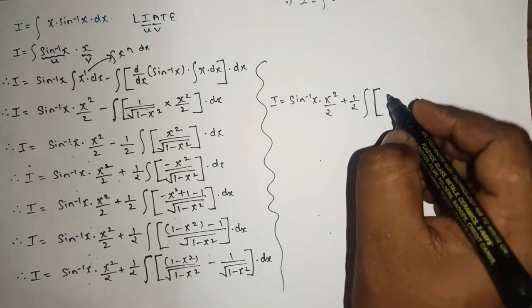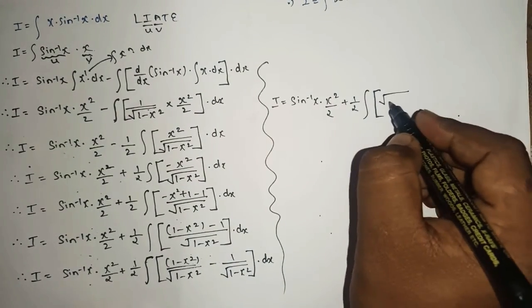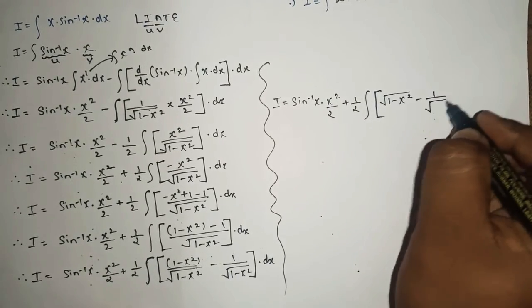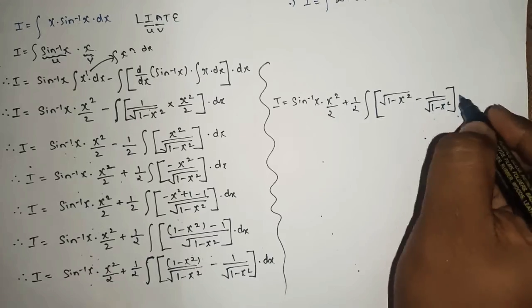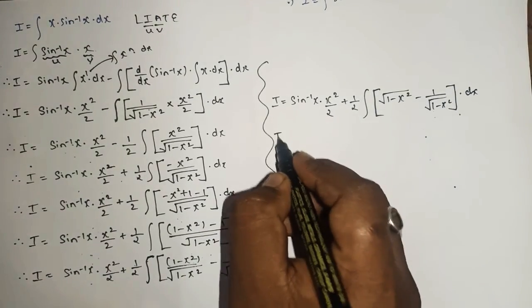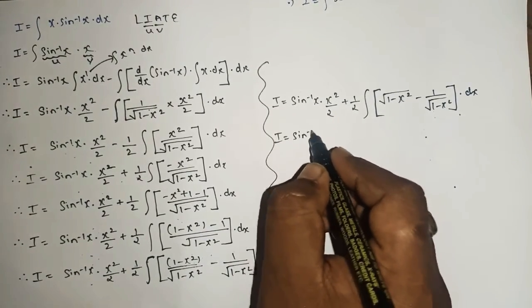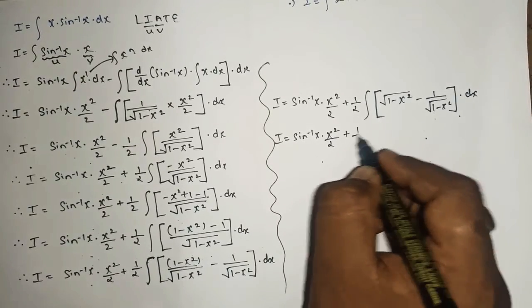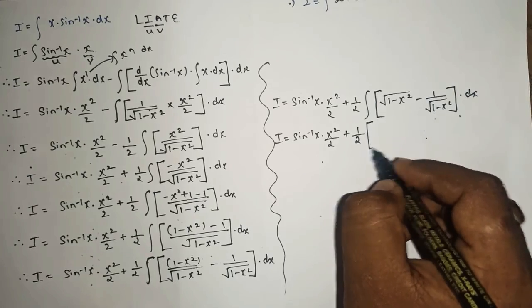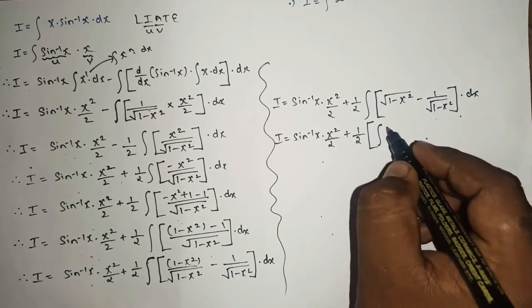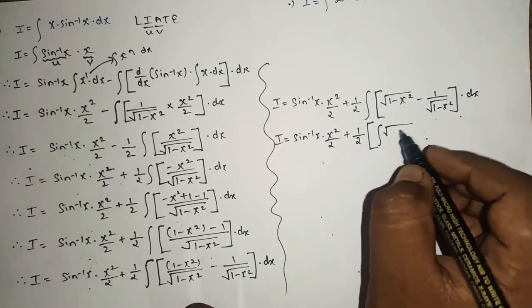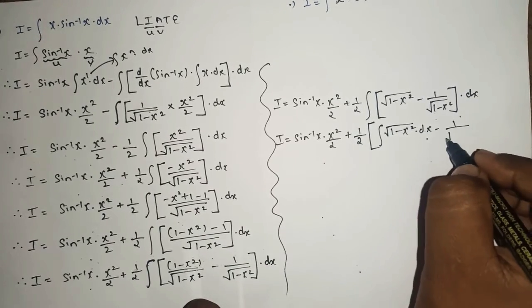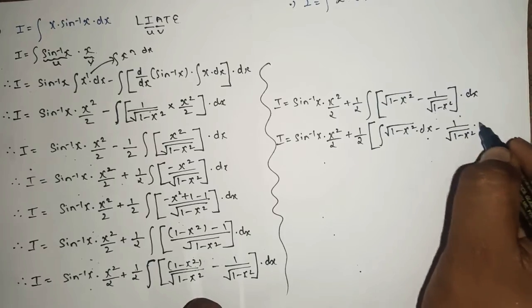When you rationalize, directly here you will get root 1 minus x square, and minus 1 upon root 1 minus x square will be kept as it is. Okay, so therefore I equals sine inverse x into x square upon 2 plus 1 upon 2 kept as it is. Okay, so we'll separate the integral. So here you will get root 1 minus x square into dx minus 1 upon root 1 minus x square into dx.